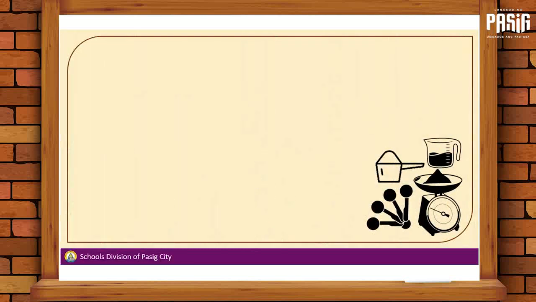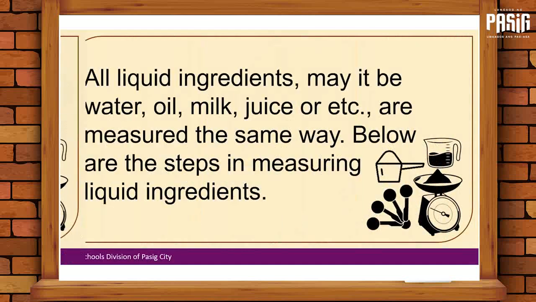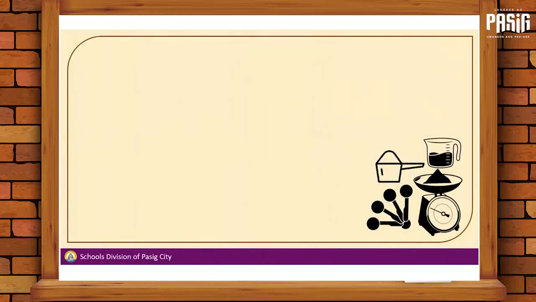Now, here are the steps on how to measure liquid ingredients. All liquid ingredients, may it be water, oil, milk, juice, or etc., are measured the same way. Below are the steps in measuring liquid ingredients. 1.